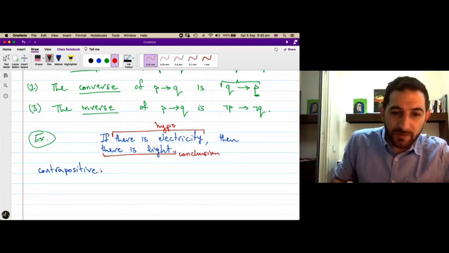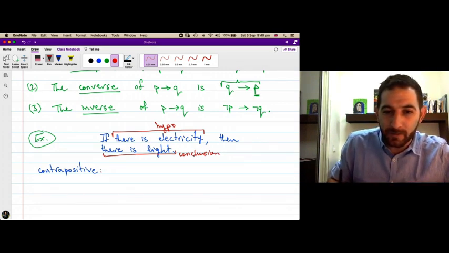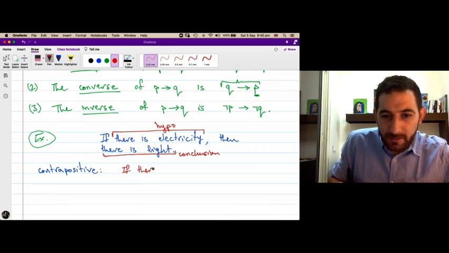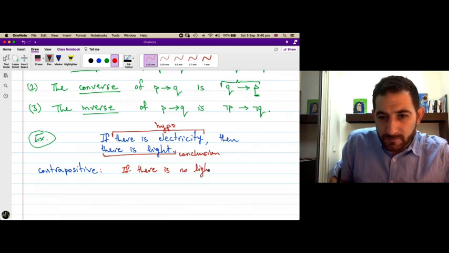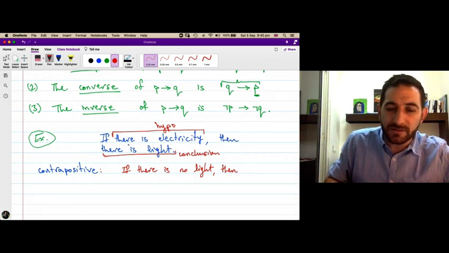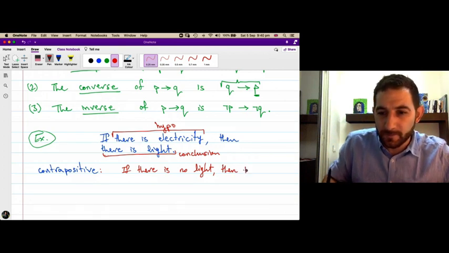To compute the contrapositive, you negate the conclusion. So if there is no light, then the negation of the hypothesis, then there is no electricity.